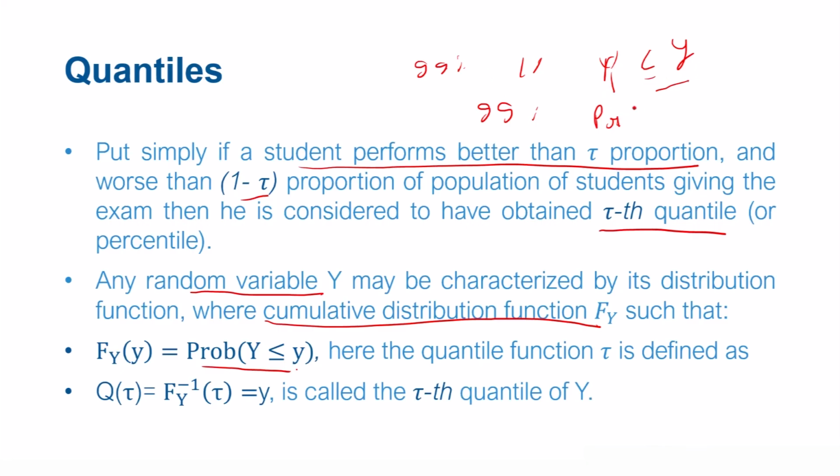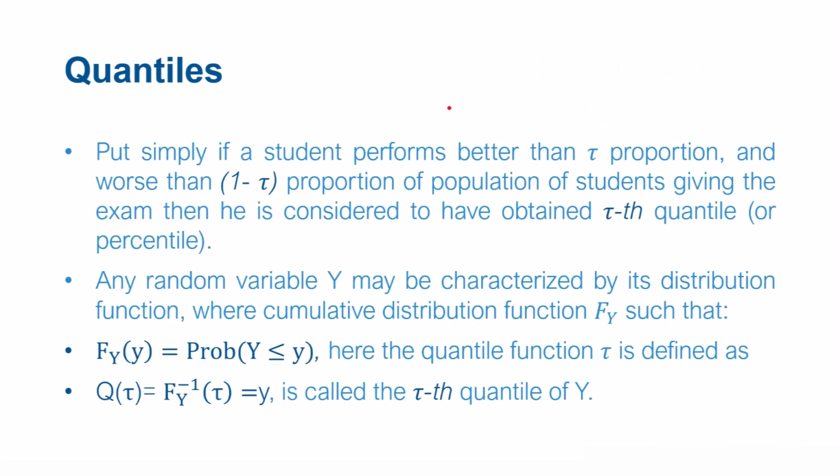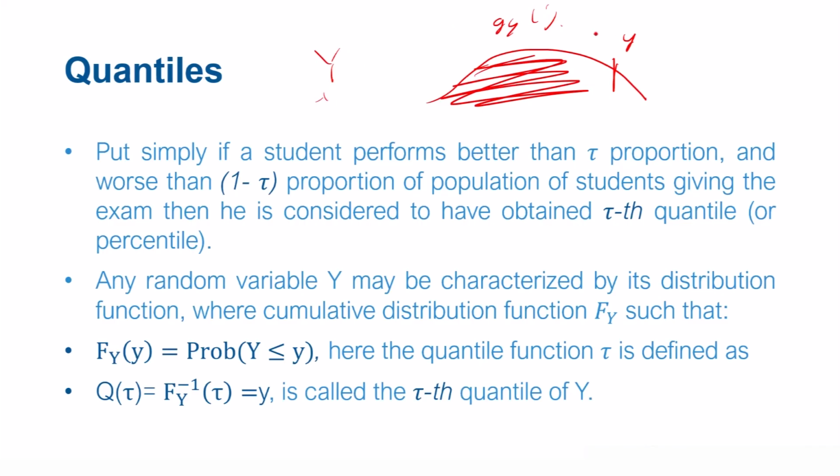For example, let's suppose in a given distribution, a particular value of y is greater than 99% of values. So the distribution of y is such that 99% of values are less than or equal to this y, it won't matter much. Then in that case, the probability that Y is less than or equal to y is F(y), which is equal to 0.99. This is the cumulative probability of that particular value y.